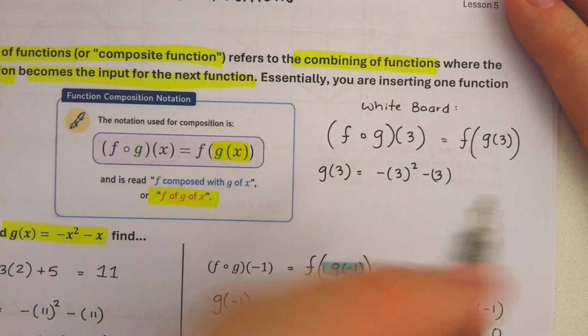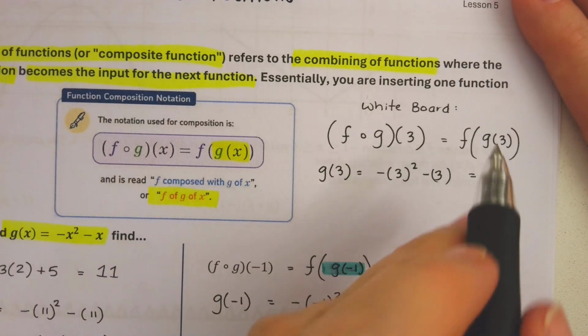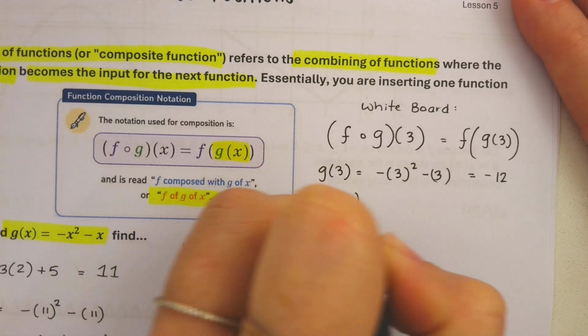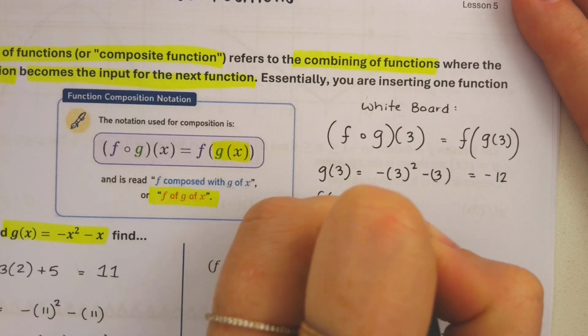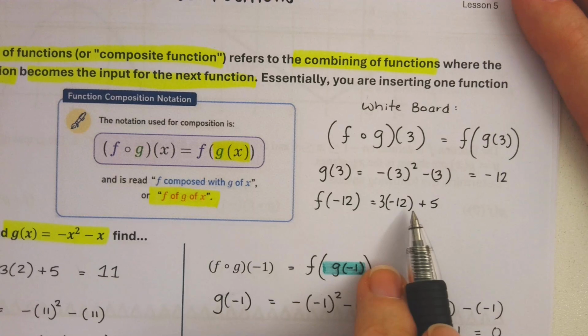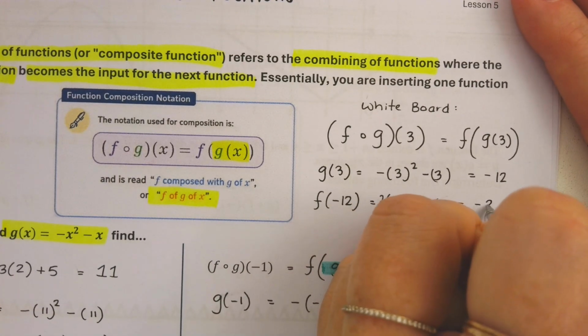And what's -9 minus 3? -12. Okay. And then after that, then you'll do f of the answer. So then do f of -12. That's 3 times -12 plus 5. That would become -36 plus 5. And -36 plus 5 is -31.